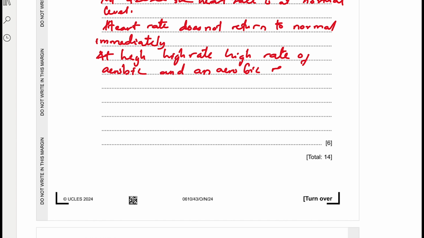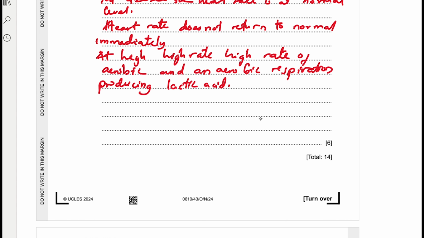Anaerobic respiration produces lactic acid, so at high rates we expect the formation of lactic acid. But when the breathing rate and heart rate return to normal, lactic acid is taken to the liver and completely broken down to carbon dioxide and water.